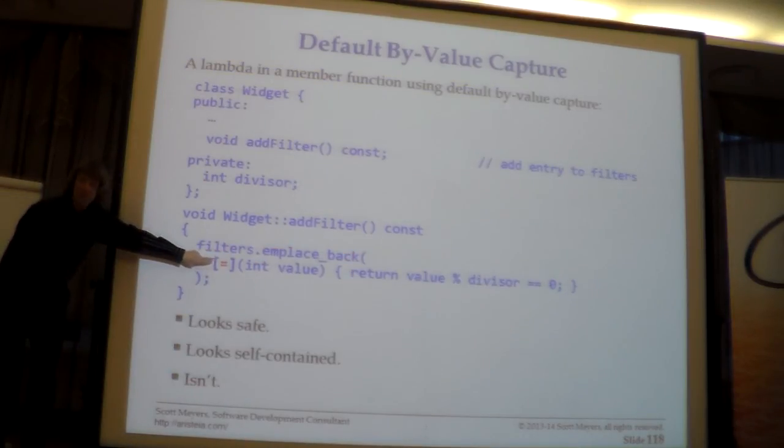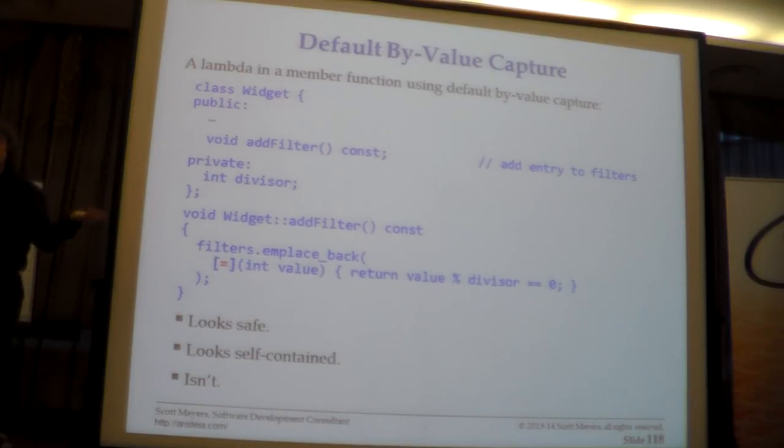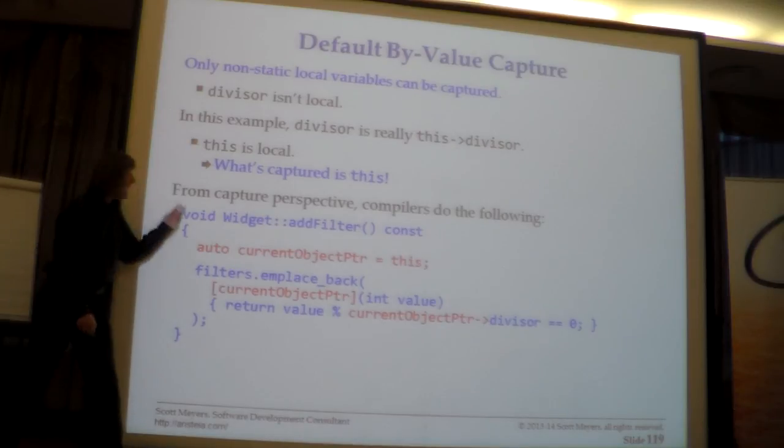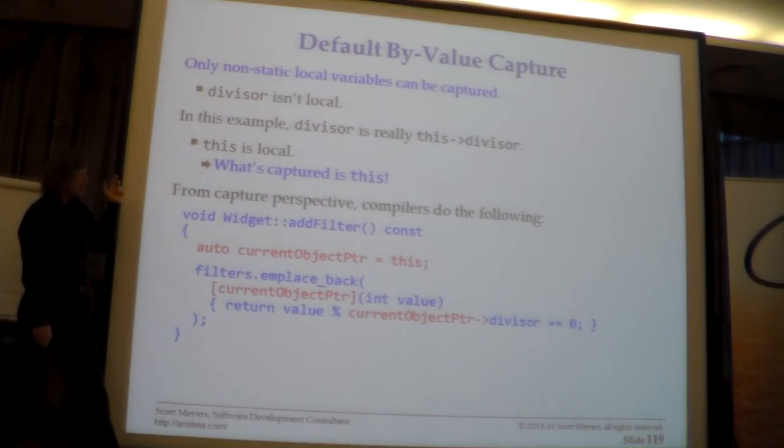What this is capturing is the this pointer. And this is why everybody uses built-in pointers. It's because every member function has a this pointer. Not a smart pointer, it's a dumb pointer. From a capture perspective, what compilers are really doing is they're saying, I'm going to have a current object pointer called this.